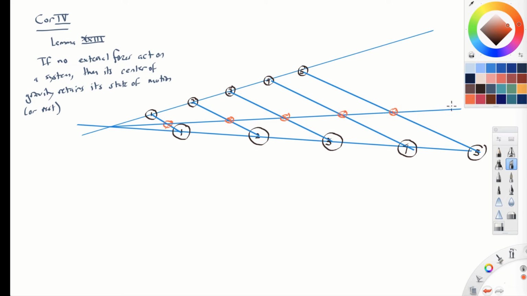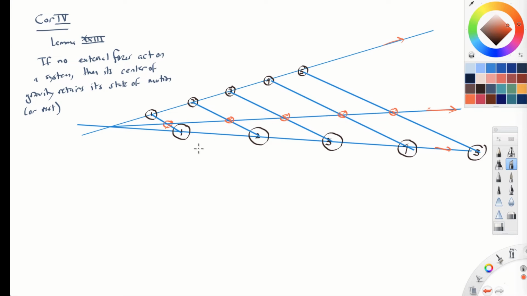So it is always going in a straight line. This ball is going in a straight line, this one is going in a straight line, and the center of gravity is also going in a straight line. It doesn't matter whether these two balls ever collide or cross or do some other funny thing, as long as all they're doing is exerting forces on each other, the center of gravity trajectory retains its state of motion.